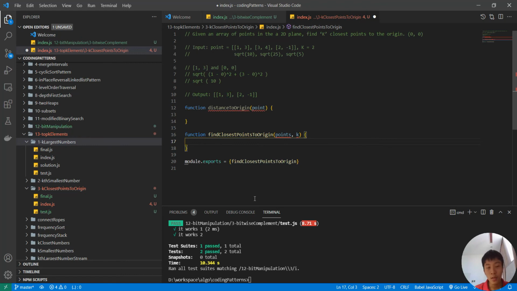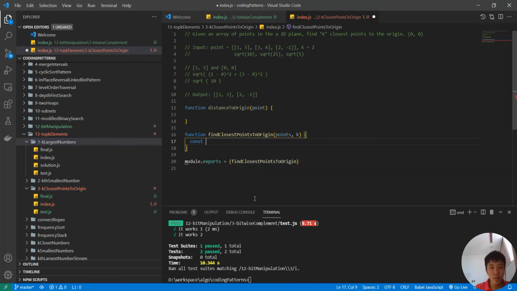So we iterate for every distance, and if the current distance is smaller than the largest currently in the heap, then we swap between these two, and at the end of the loop we're going to have the k smallest distances in the heap, right?